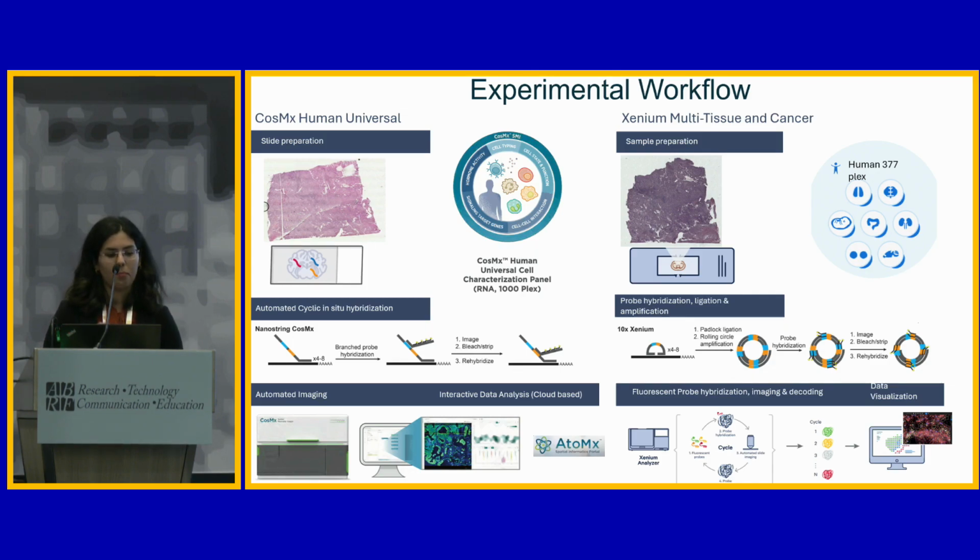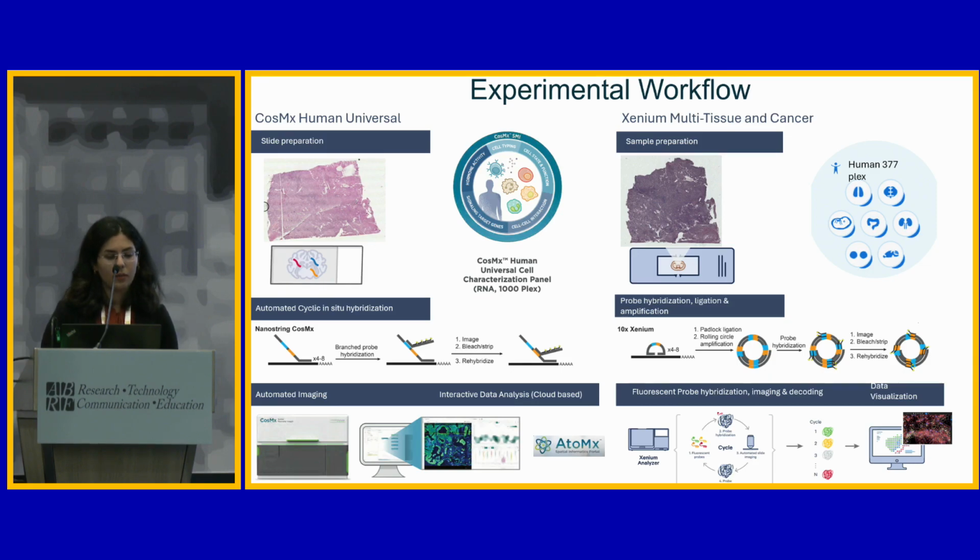Just to give you a brief overview how these platforms work, both of these are in situ hybridization, and the thing that is different is actually the way the probes bind. So they have different types of probes, and for example, Xenium has the circulatory amplification, but instead Cosmics has the branch type format of the probes.